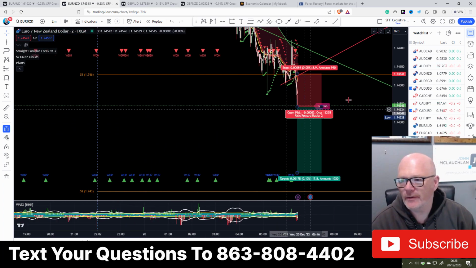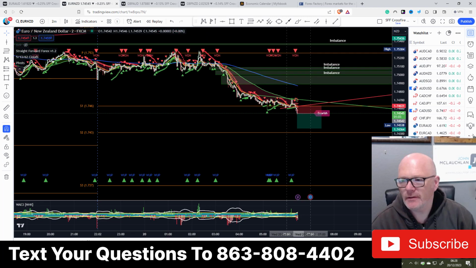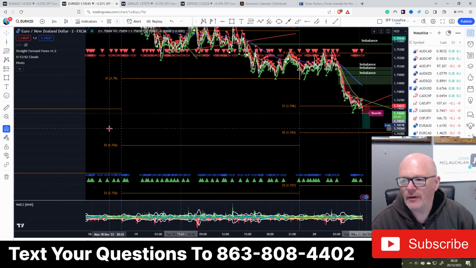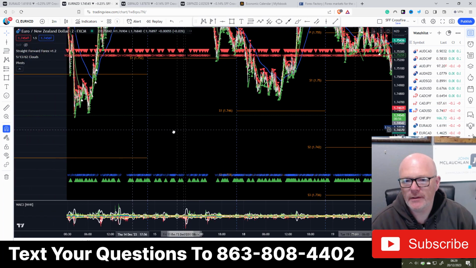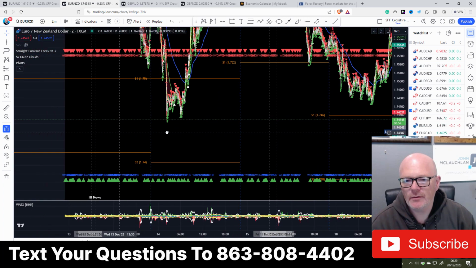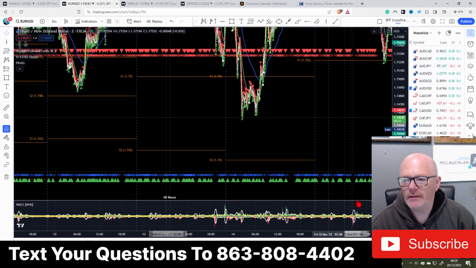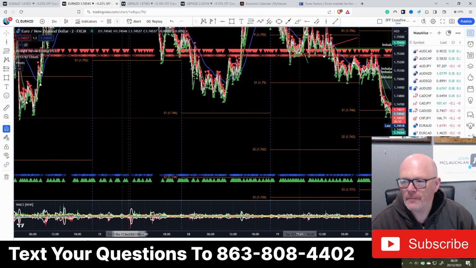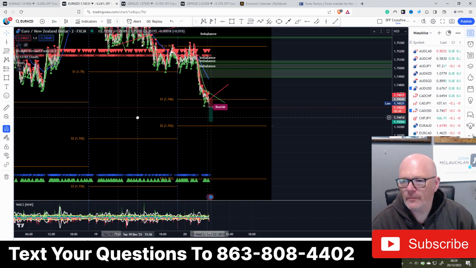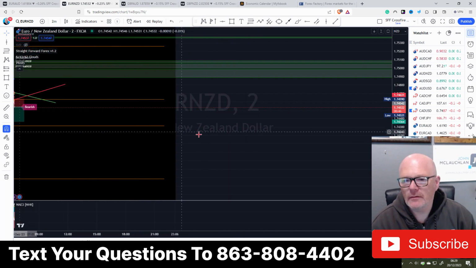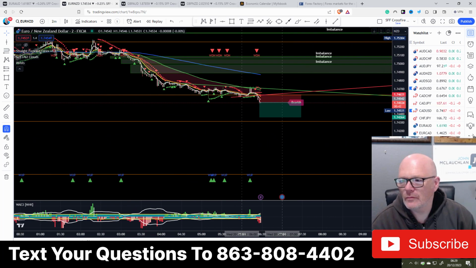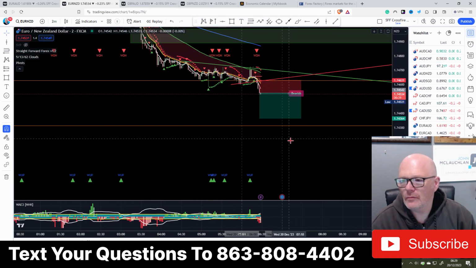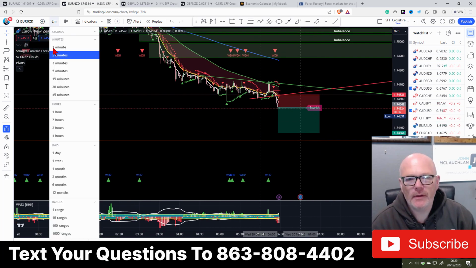And if you look at any other areas of interest, where's the next low? The next low is quite some distance away. Look at the 15-minute time frame.